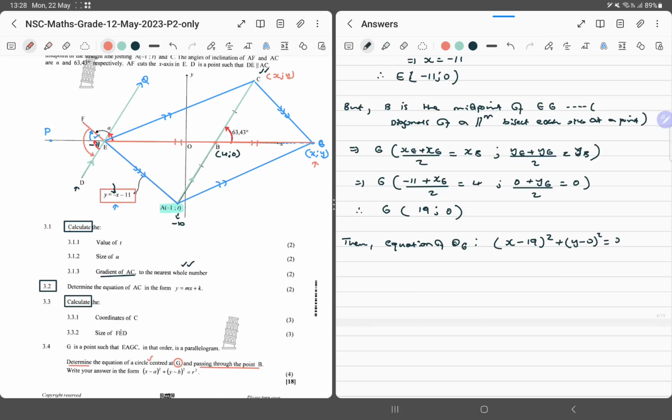So that's going to be x at G minus x at B, and then we square that. Easy stuff.